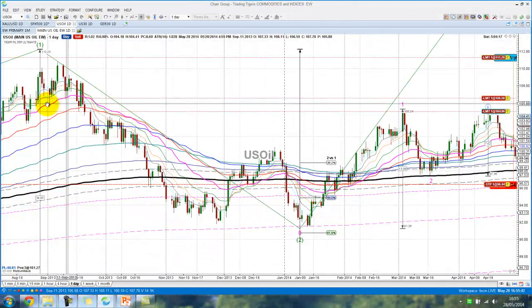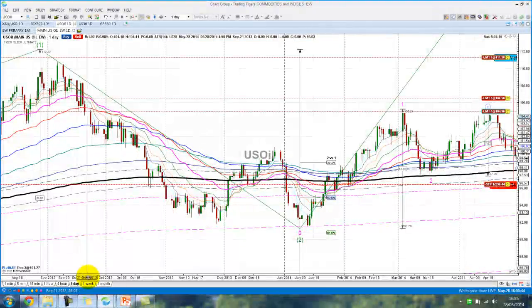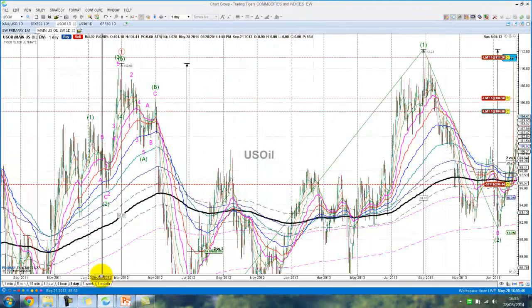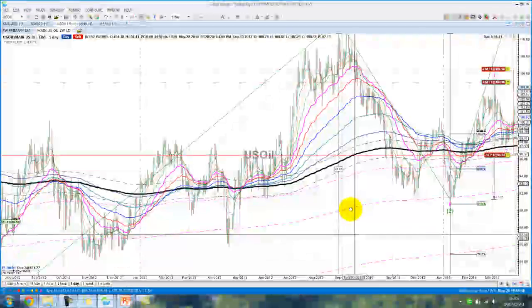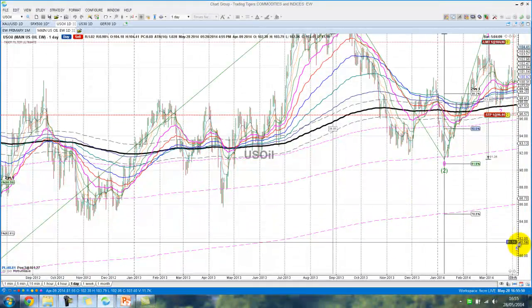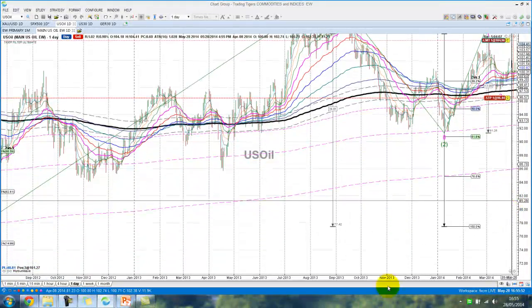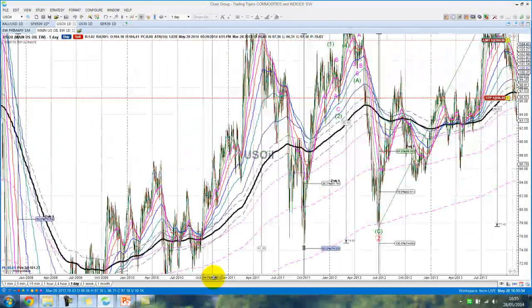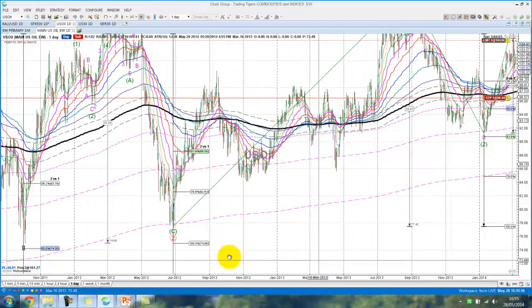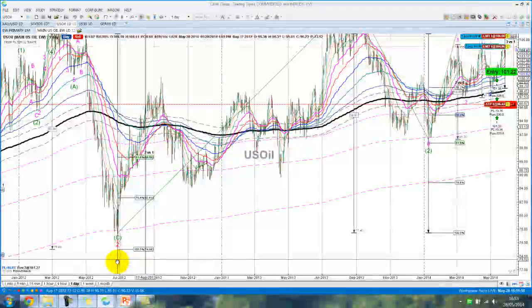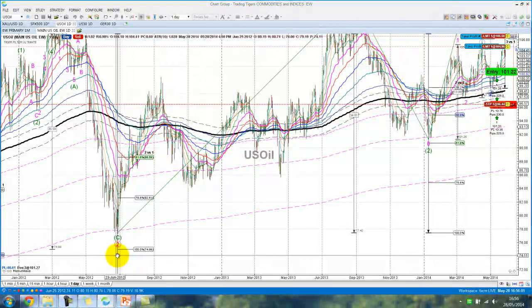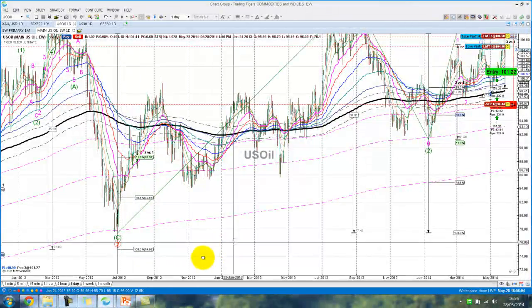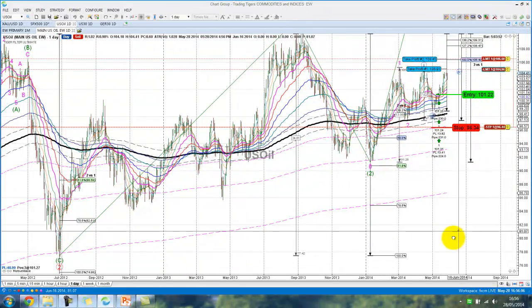Wave 1 completed at the high. If I bring it down for you so you can see what I'm trying to show you, traders, bear with me. There you go. There you can see the wave 2 which I showed you on the weekly chart. There's the wave 2, which is 0.0, of course, of the intermediate.